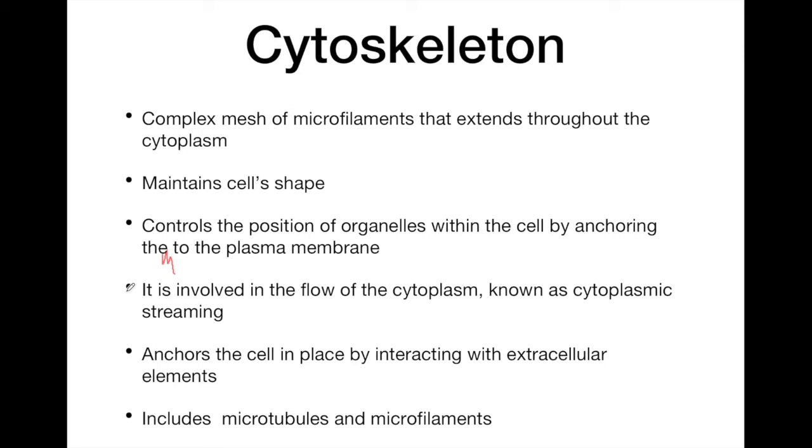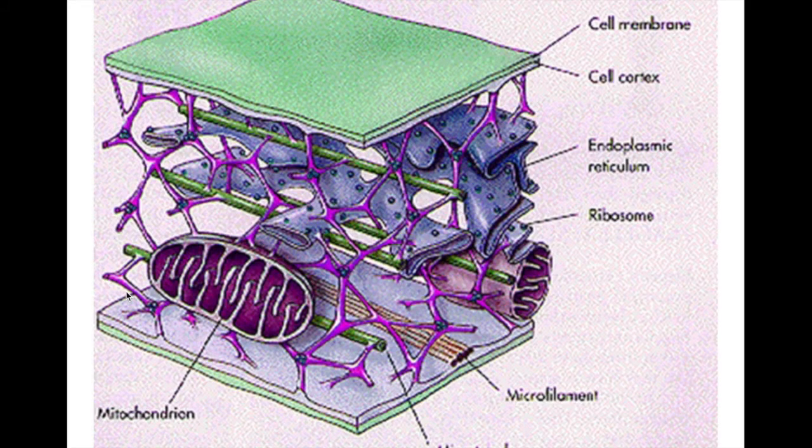Now, the cytoskeleton includes microtubules and microfilaments. You see, this is the cytoskeleton. You see all those messy parts? This is the cytoskeleton. This is a microtubule, and this is a microfilament.